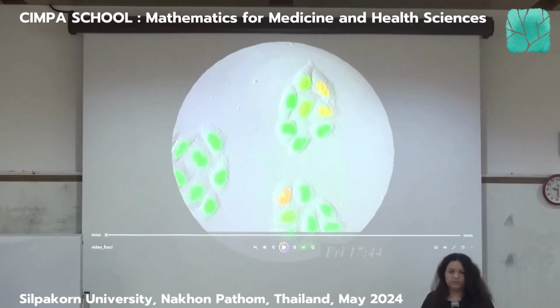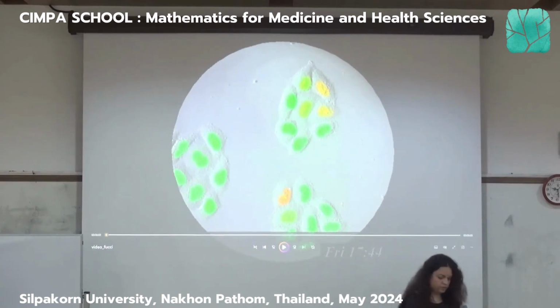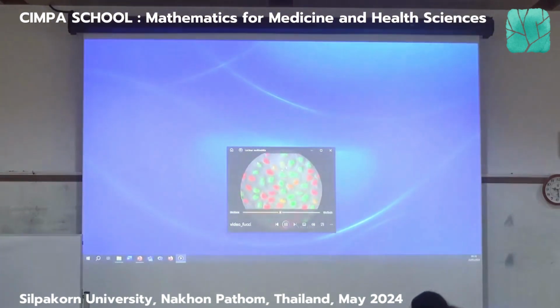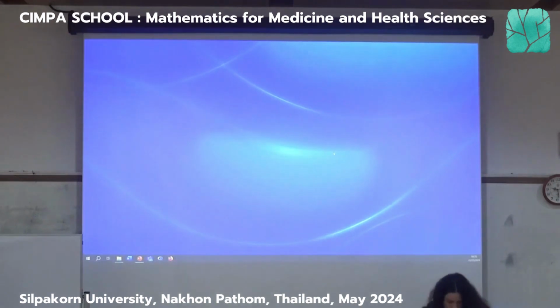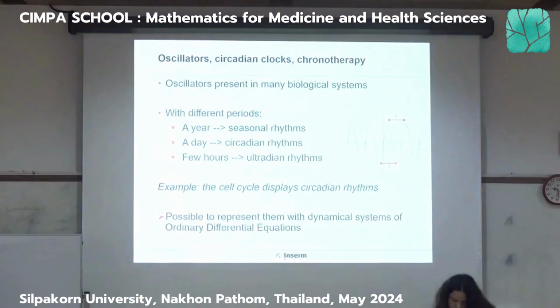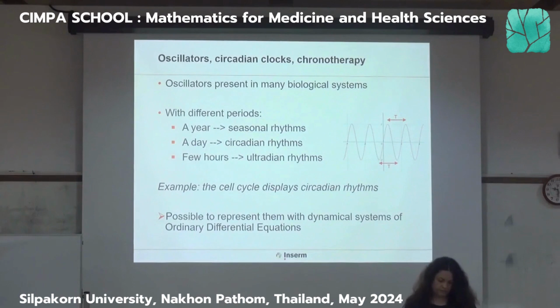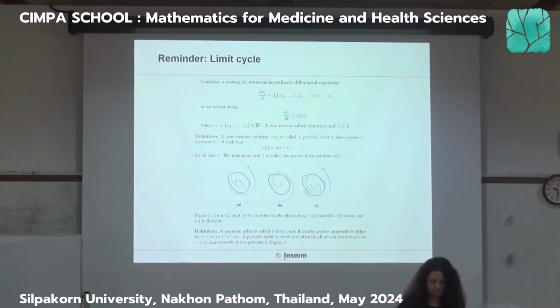And it is actually possible to model this using a dynamical system. So I'm going to show you a very simple one. Okay, let's see. So I will start with first of all a few definitions, really quick.